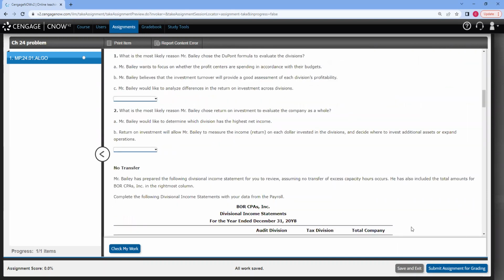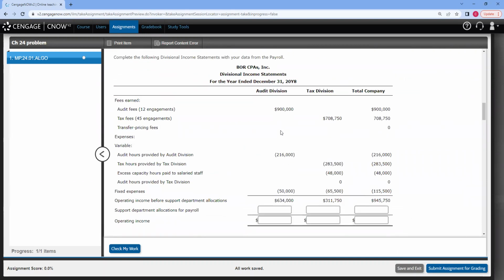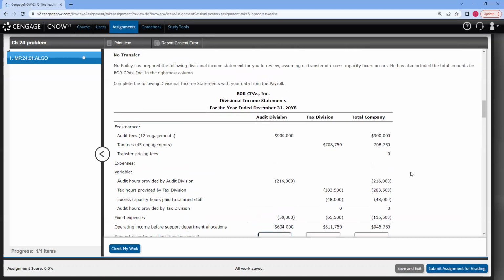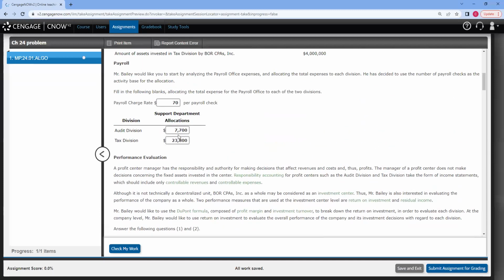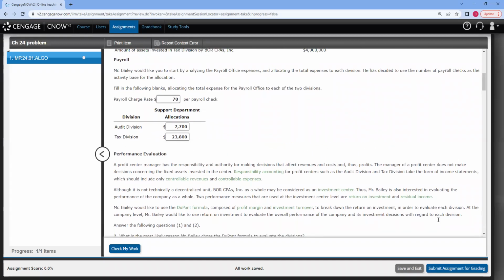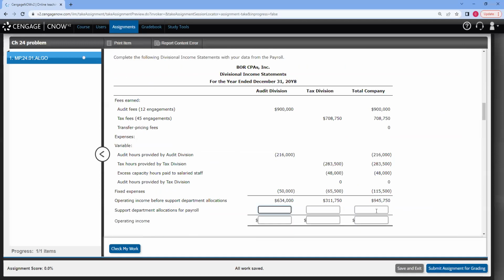But the first income statement we have here, broken out by division, by the two profit centers. The only thing we need to add here is the support department allocations for payroll that we calculated in the first part. So $7,700 for audit and $23,800 for the tax division.